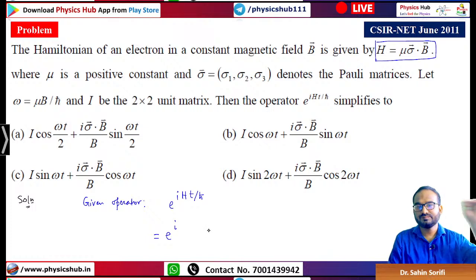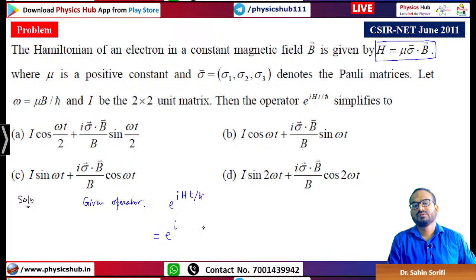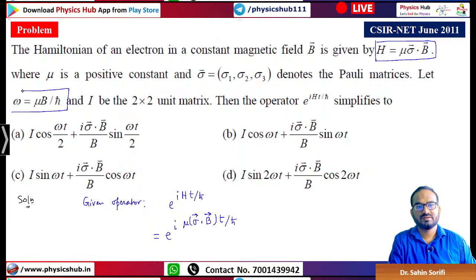Mu times sigma dot B times t by h cut. Now you see, omega is given in terms of mu B by h cut.